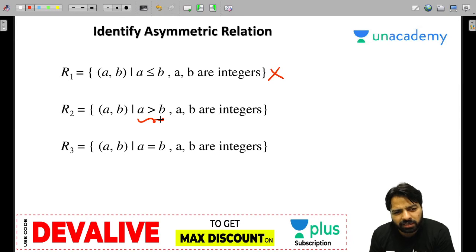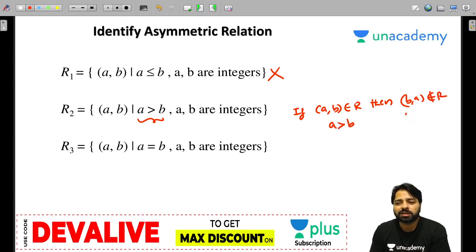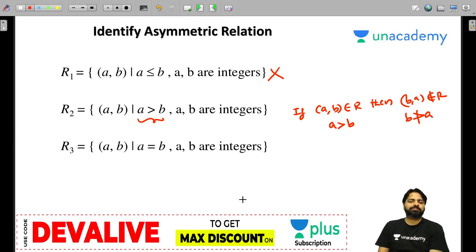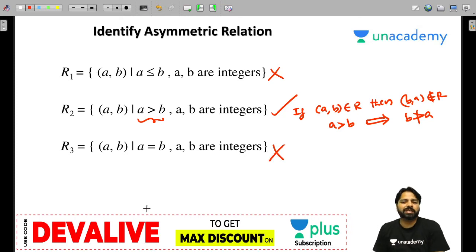And A greater than B definitely will not satisfy B greater than A. So if (A, B) belongs to R, then (B, A) is definitely not in R, because A greater than B implies B is not greater than A. Yes, it is asymmetric, R2 only. R3, all diagonals only are there, so definitely it is not asymmetric.